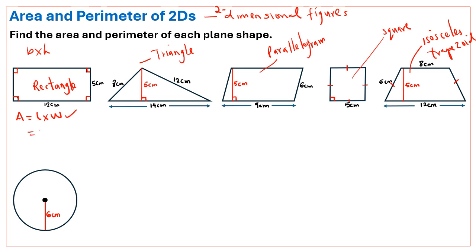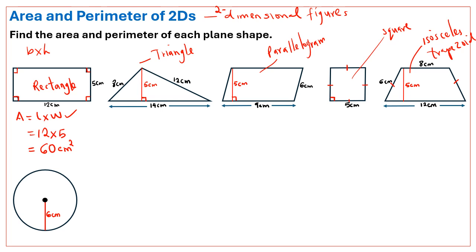Length here is 12, and we multiply by the width, which is 5, and that gives us 60 centimeters squared, or square centimeters. We find area because we know the two dimensions of the unit centimeter, so it would be a square.